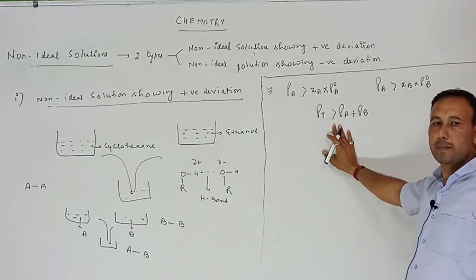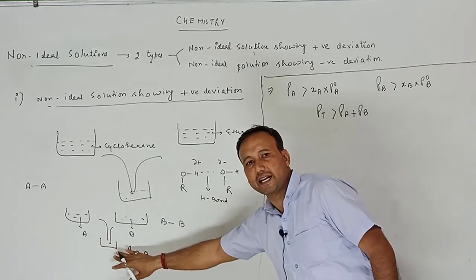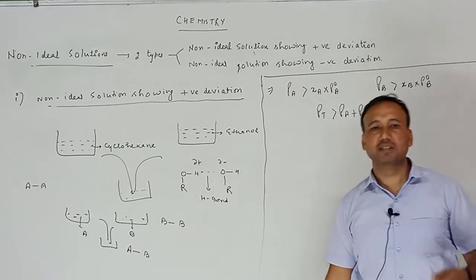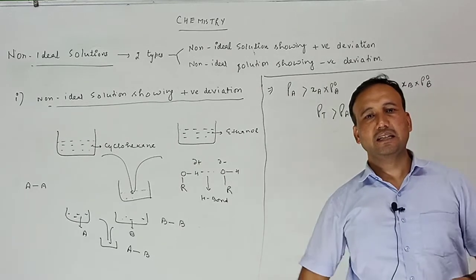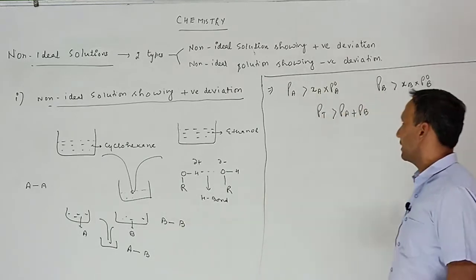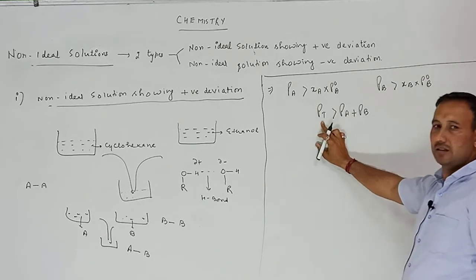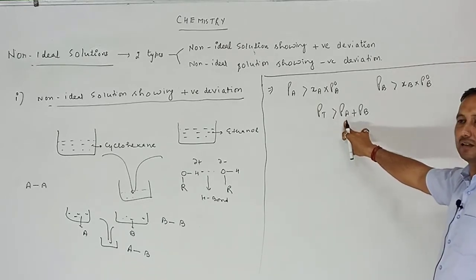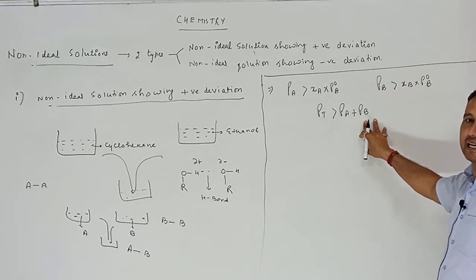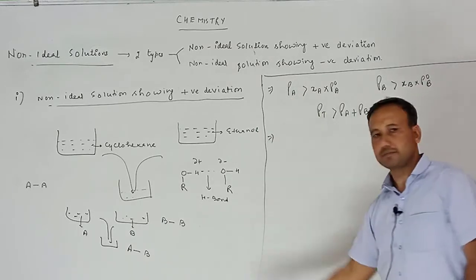This is because when these two liquids are mixed to give A and B, the liquid mixture can easily get vaporized, and if the liquid mixture can easily get vaporized, then it has more vapor pressure as compared to Raoult's law. So Raoult's law is not followed. Then the total vapor pressure of the liquid mixture is greater than the sum of partial pressures of A and B components. First point.